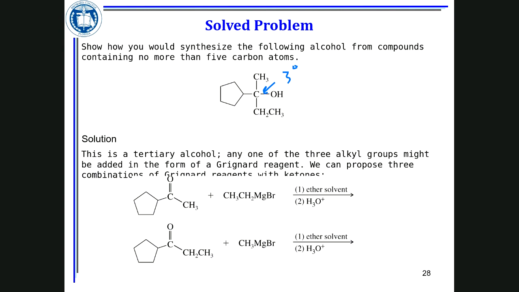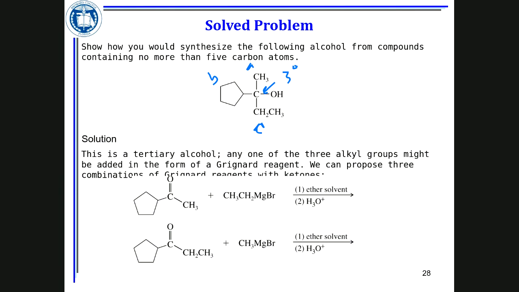Now, the two R groups are coming from the ketone. So it could be A and B, A and C, or B and C. Any combination can come from the ketone.